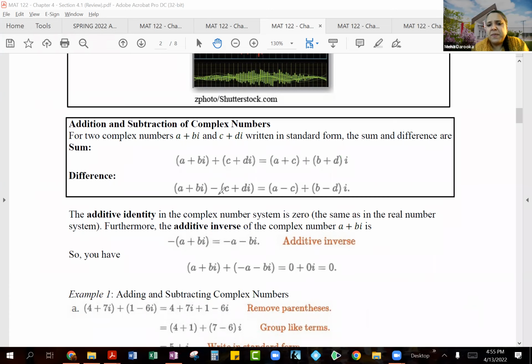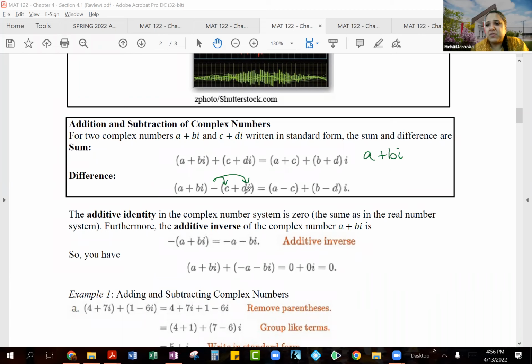Now, one thing you want to be careful about is when you are subtracting these. So you can see we have a plus bi minus c plus di. This is where I actually think about the distributive property. You take that negative sign and distribute it inside your second number. So you will end up with a plus bi for that first number.